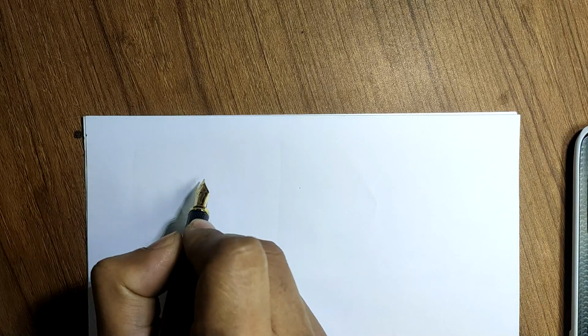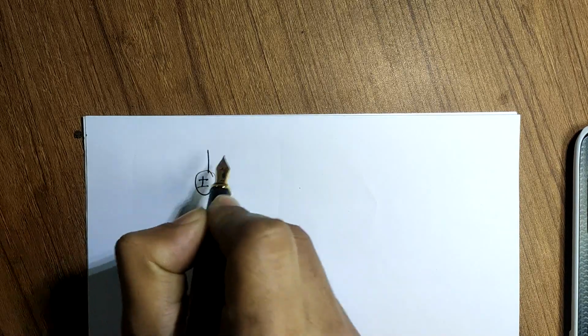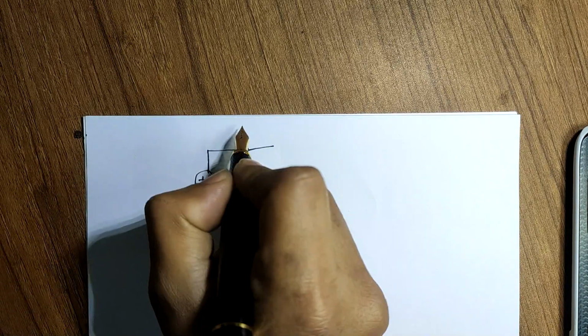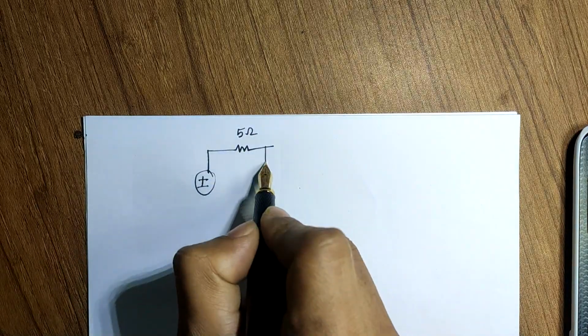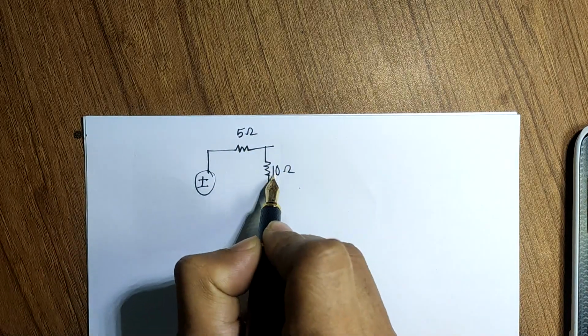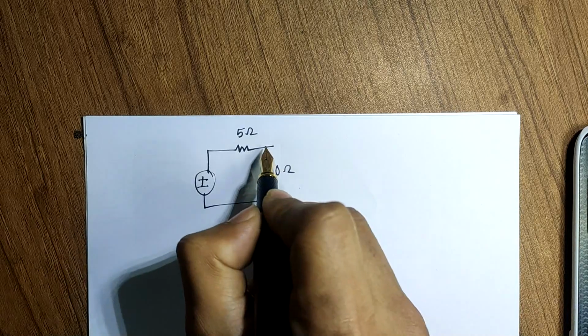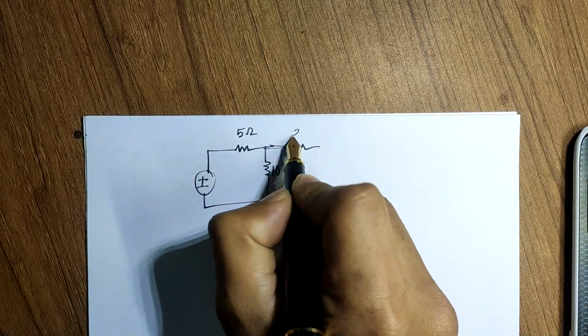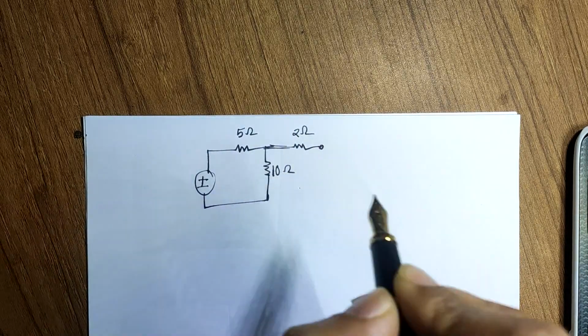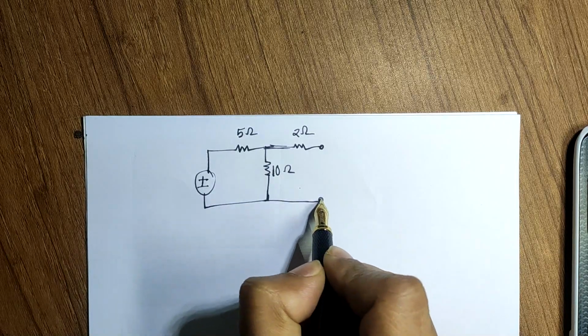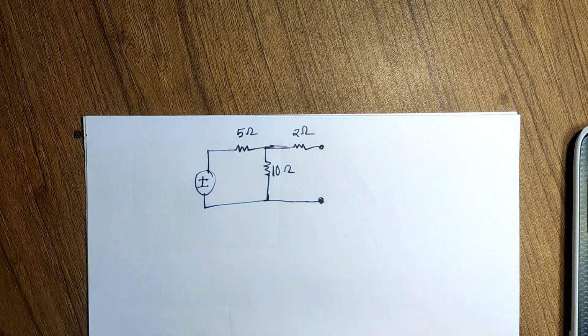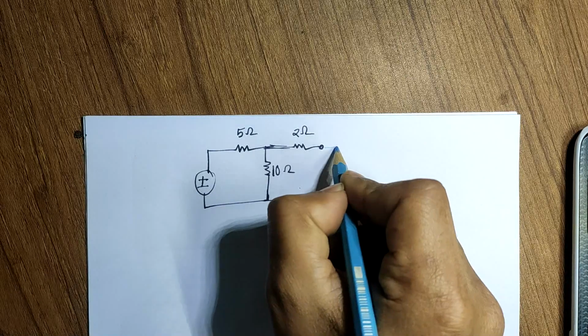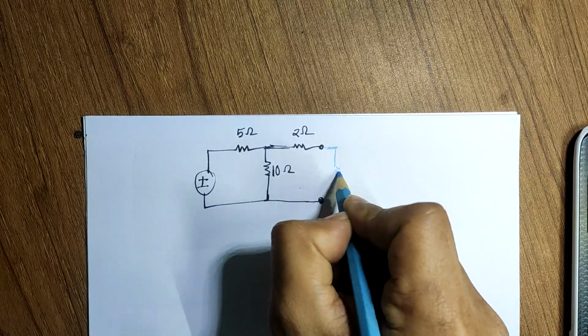Okay, now let's recall our previous circuit. There was a voltage source, a resistance of 5 ohm, another resistance of 10 ohm here, another 2 ohm resistance here, and since we want to determine the Thevenin's equivalent circuit of this one, remember there was an 8 ohm resistance here, right?